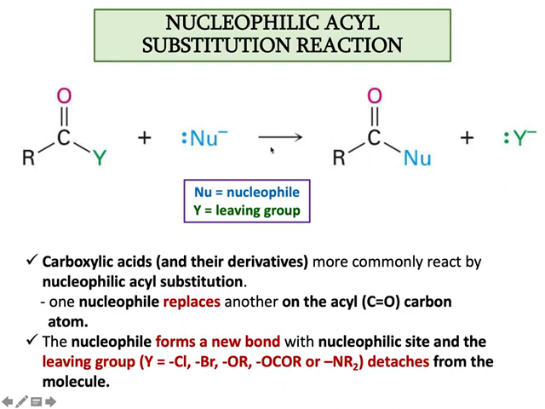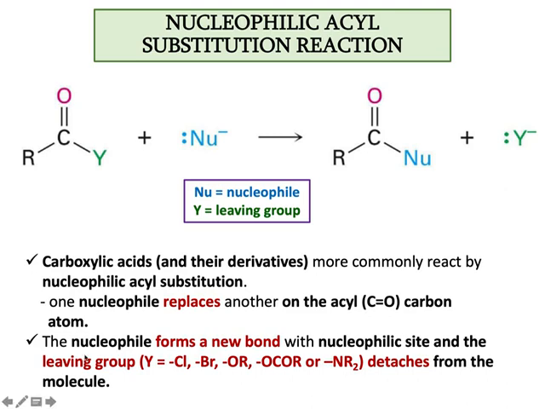Based on the basics of nucleophilic substitution, this nucleophile must be a strong nucleophile and attack this carbon, because this carbon has high electrophilic density. The nucleophile attacks this electrophilic carbon, and the side product must be a leaving group. Mostly carboxylic acids and their derivatives react by nucleophilic acyl substitution.